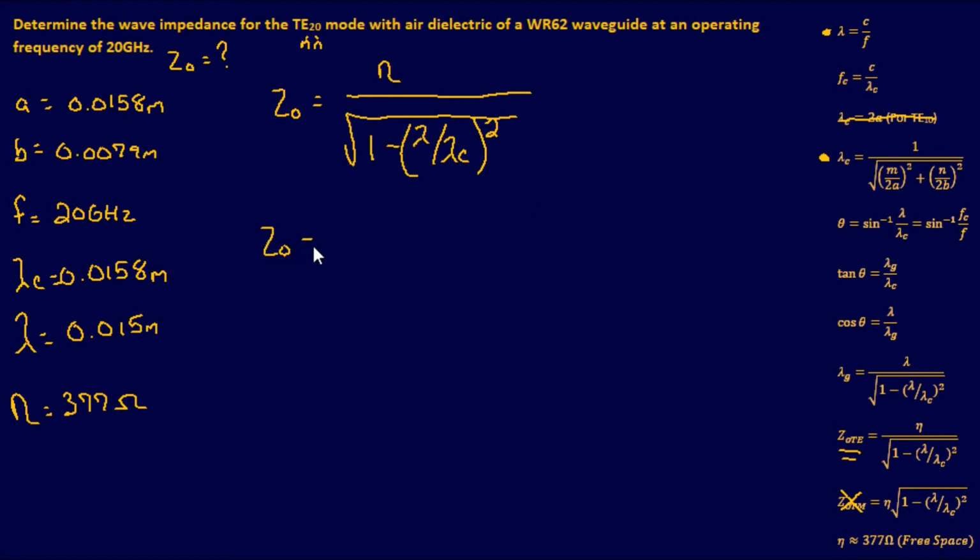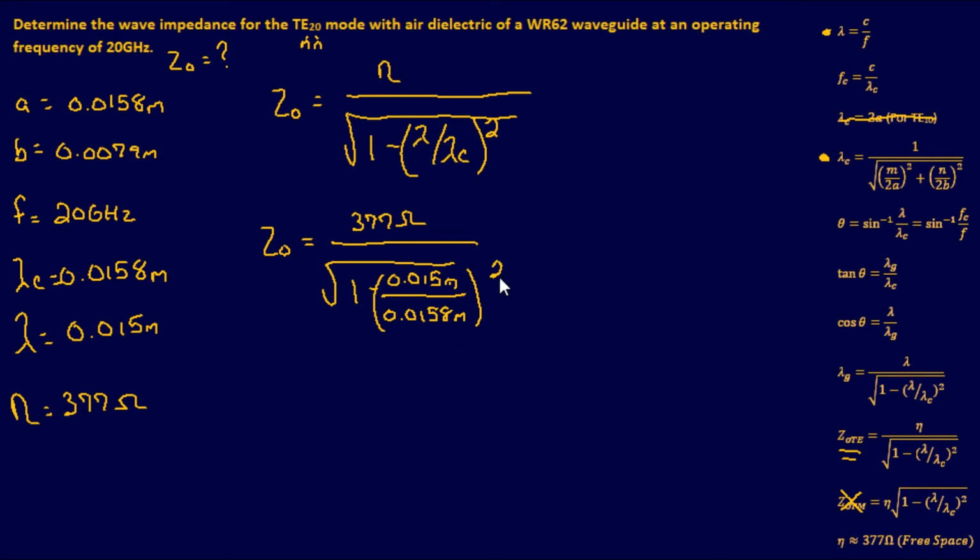So rewrite again, but we'll go ahead and fill in our variables. So 377 ohms over the square root of 1 minus, and then we have our wavelength, which is 0.015 meters over 0.0158 meters, close parentheses, and then square.